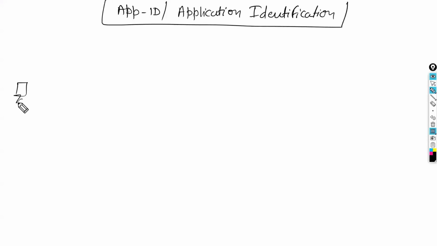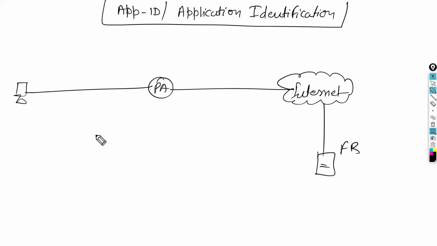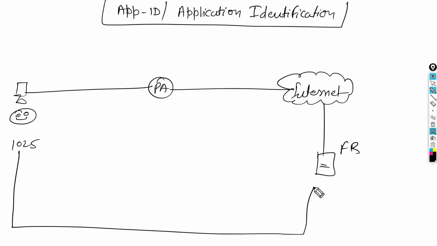We have a PC connected with Palo Alto, Palo Alto connected with the internet, and the internet is connected with a server like Facebook. Now we have a user sitting on the PC. This user will use a dynamic port number and it will hit the server port number 443.